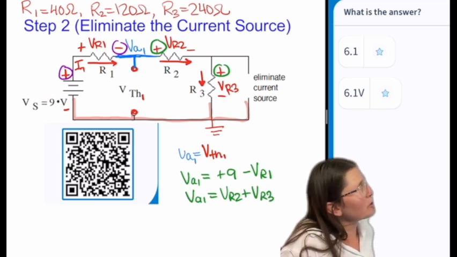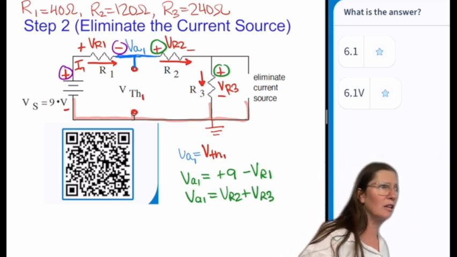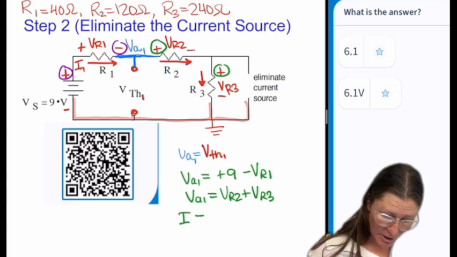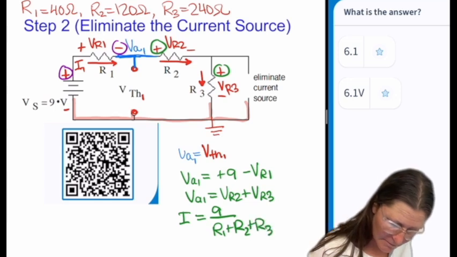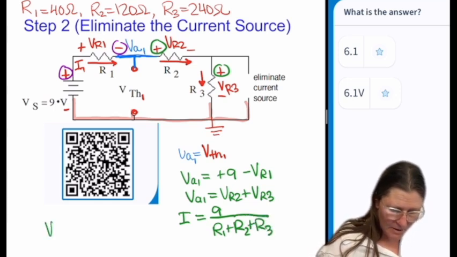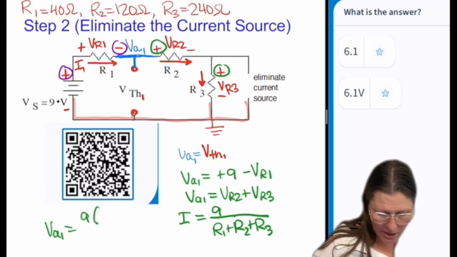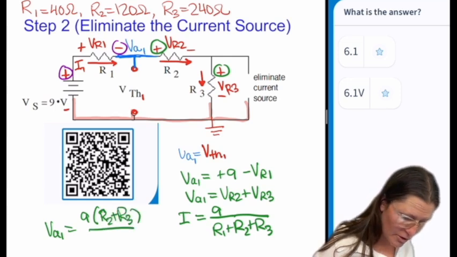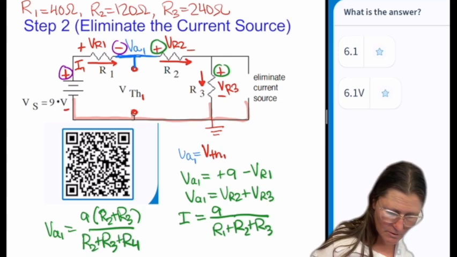I can also see there's one current, just resistances and one source, so this meets the voltage divider configuration. So I could say I is equal to 9 over the summation of all of them, R1 plus R2 plus R3. Or I note that it's a voltage divider, so 9 times R2 plus R3 over the summation of all of them.